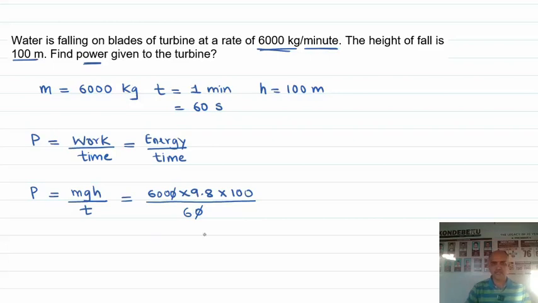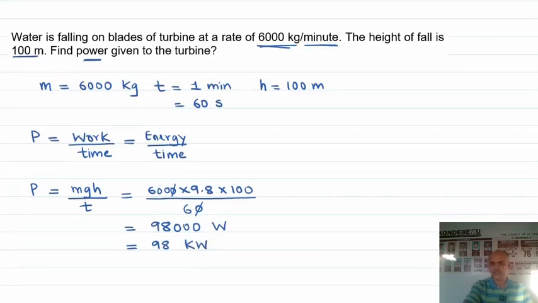So you will have 98,000. 98,000, the unit is watt, or you can even write this as 98 kilowatt. 98 kilowatt. Clear? Now we will go for the next one.